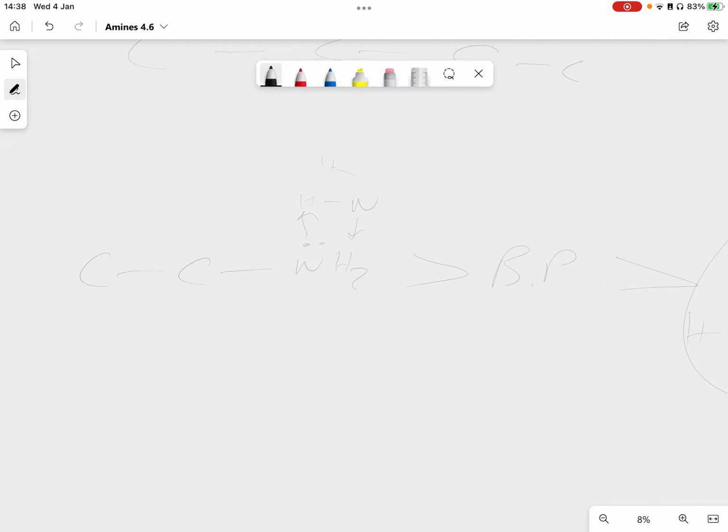However, amines, if we look at just your normal aliphatic, will have a lower boiling point than your carboxylic acids or your normal hydroxyl groups, so your alcohols. This is due to oxygen being more electronegative than hydrogen.